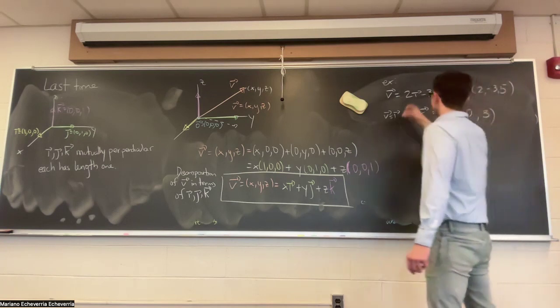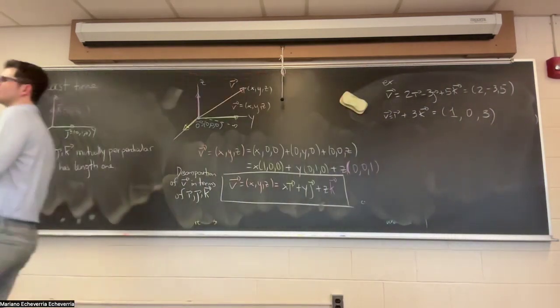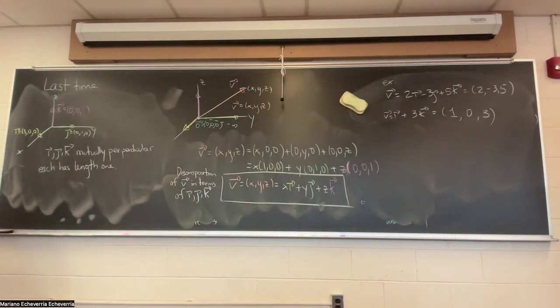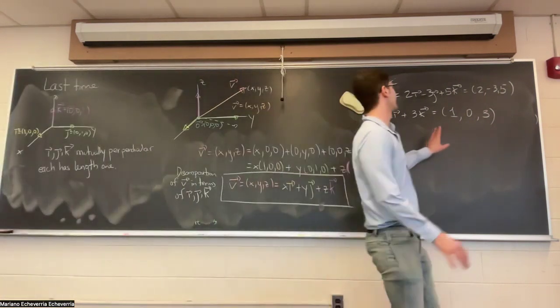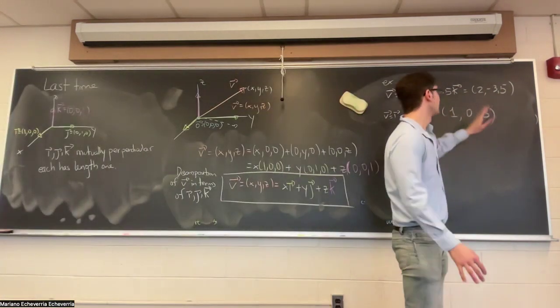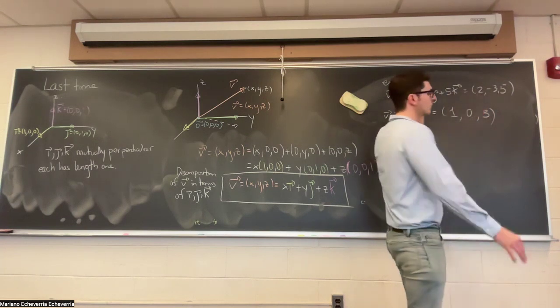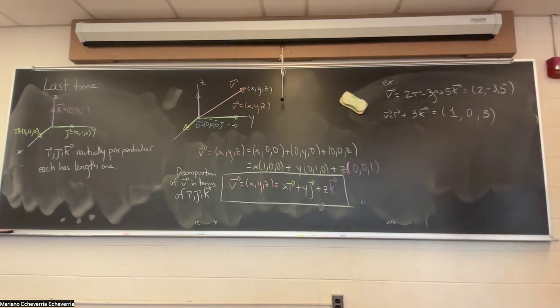So with this notation in terms of i, j, and k, you can go back and forth between writing the vector in terms of the coordinates of the point where it terminated, or in terms of these basic unit vectors.